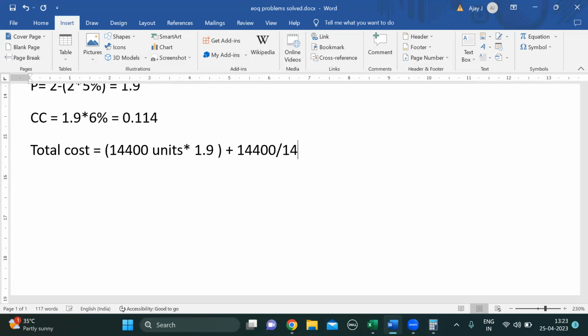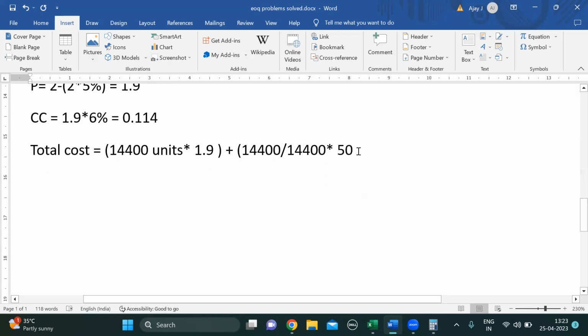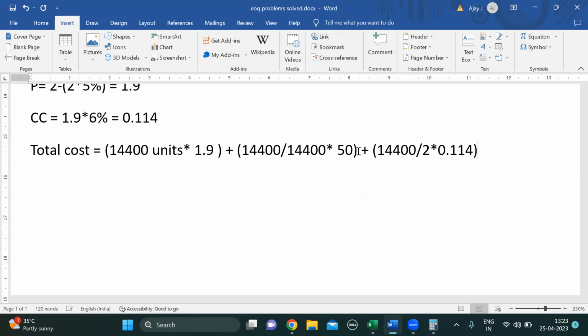You're placing a single order, so full 14,400 in one order. That means only one single order you will place into 50 rupees. So 14,400 divided by 14,400 is one order into 50 is 50 rupees will be your ordering cost. Carrying cost, you're ordering 14,400 only one order divided by 2. This will be your average inventory into carrying cost 0.114. Once you solve all these three and add, you will get total cost with discount.